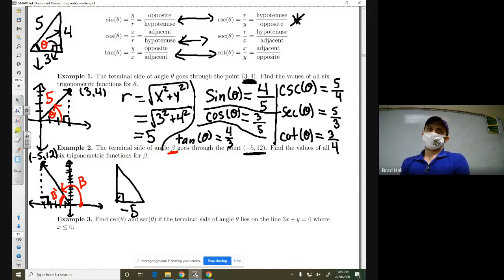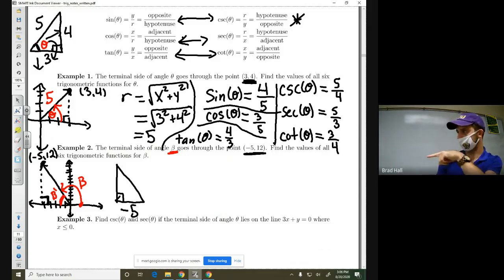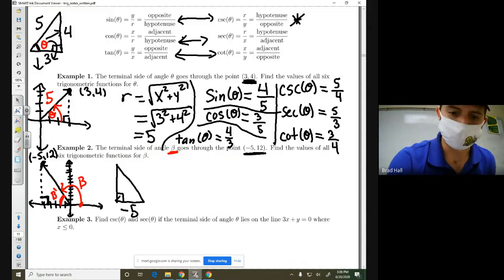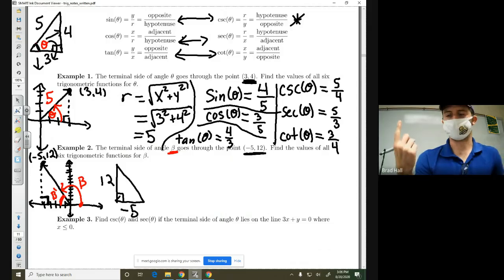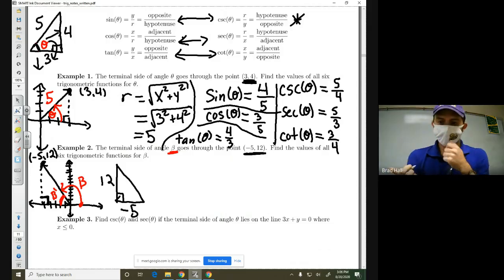So this is sort of the caveat of visual aids, but nonetheless, we use -5 because we go in the negative x direction, and this is +12 because we go up, and up is a positive direction.